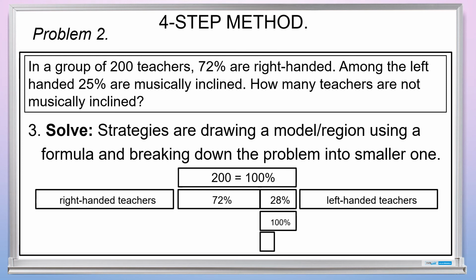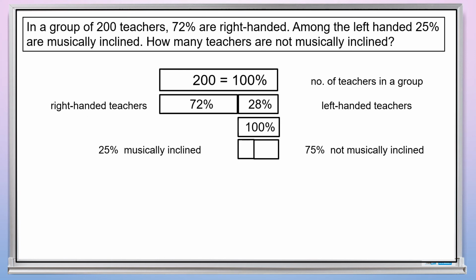So, 100% minus 25% equals 75%. So 25% again are musically inclined and 75% are not musically inclined. We have now all the facts that we need.